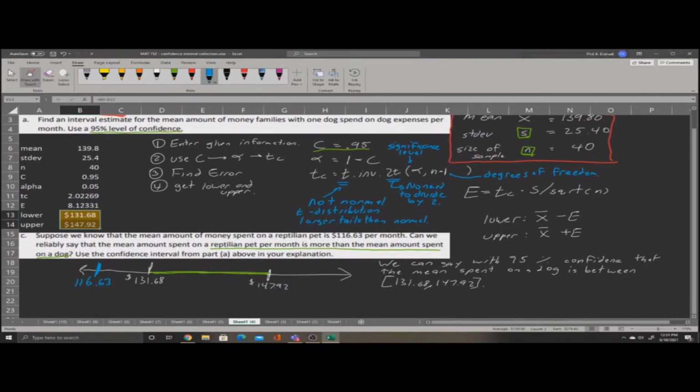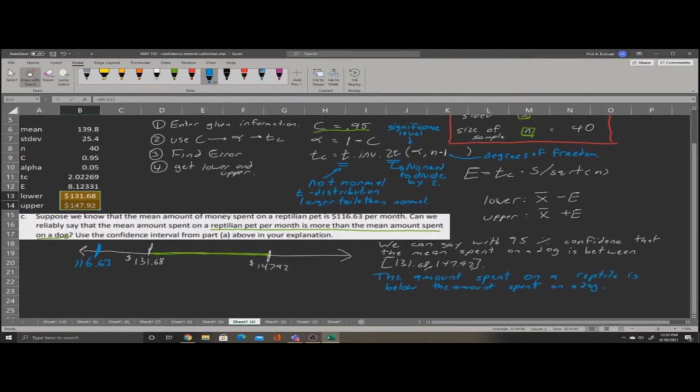So if we were asked to answer this question, we would say the amount spent on a reptile is below the confidence interval spent on a dog. Therefore, we cannot reliably say that it's more. Now, had the amount spent on a reptilian pet been above $147.92, in that case we could say reliably that it would be more.